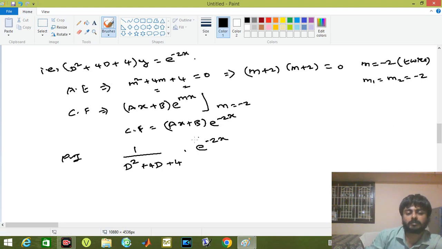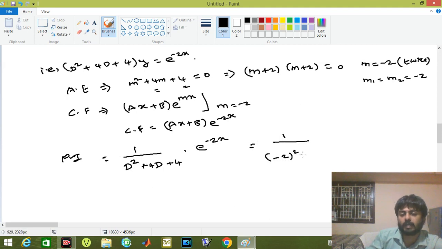Now see, here you will have 1 divided by (minus 2 square plus 4 into minus 2 plus 4) into e power minus 2x.